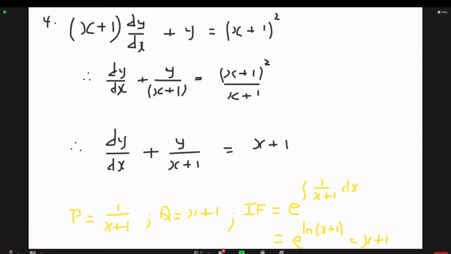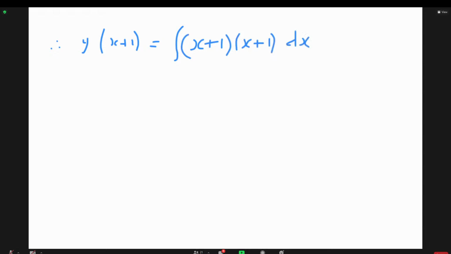y times the integrating factor is equal to, so therefore y times x plus 1 is equal to the integral of x plus 1 by x plus 1 dx. Okay. All right, and of course, to integrate the right-hand side, we can spell this out, remove the brackets.